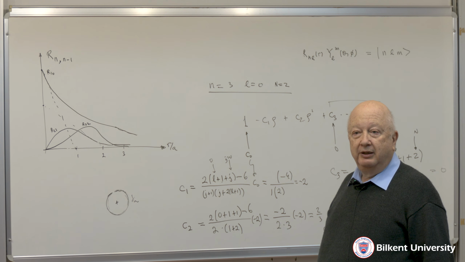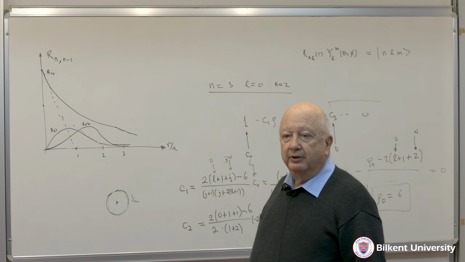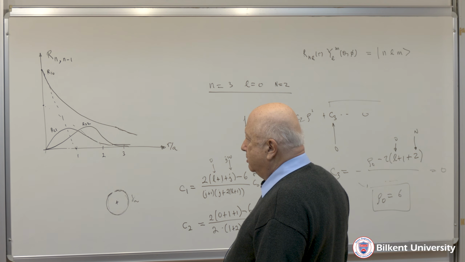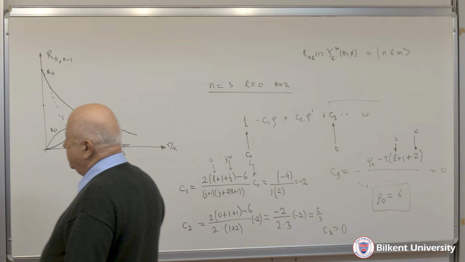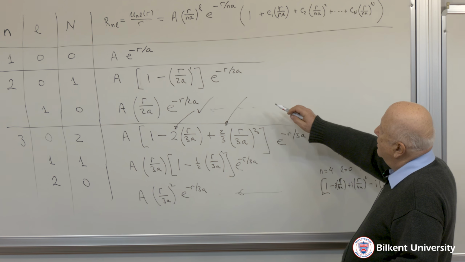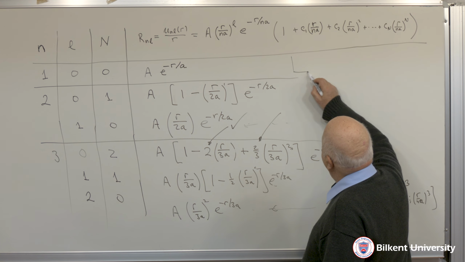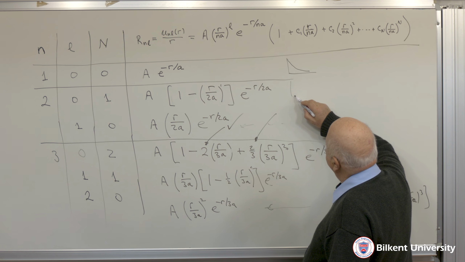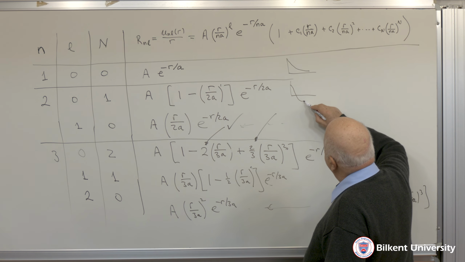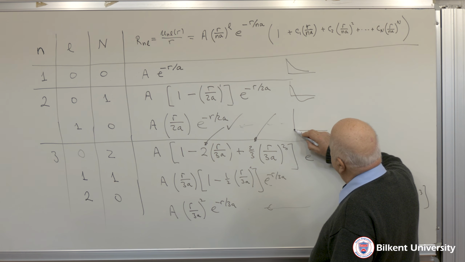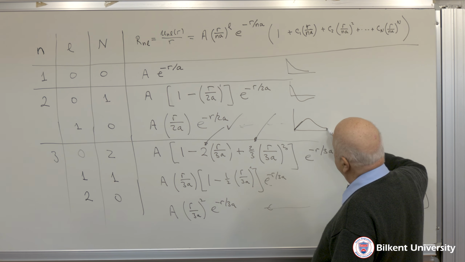Okay, any other questions? How are we doing on time? Let me try to show you what the other functions look like. These other functions, if you look at them, this is something which goes down like this. This function will oscillate like this. This one will start linearly and then decay.